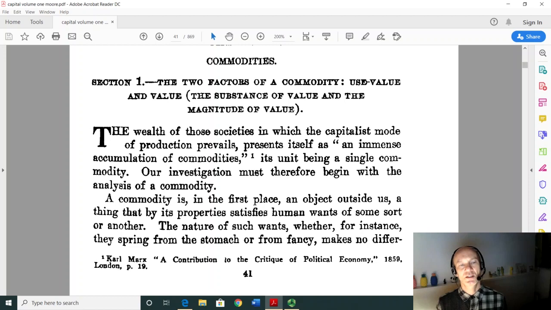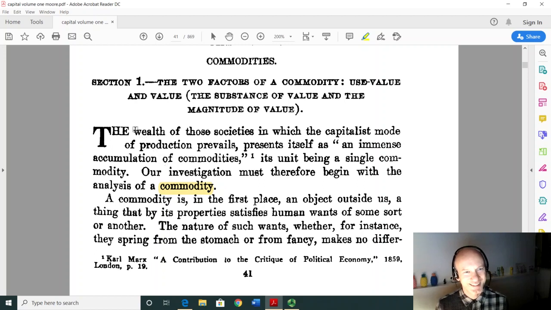So the next sentence is a definition of what this basic unit of wealth is, namely the commodity. In the first place, it's an object. Oh, actually, I was intending to use this underlining function here. So, here we go. Commodity, right?